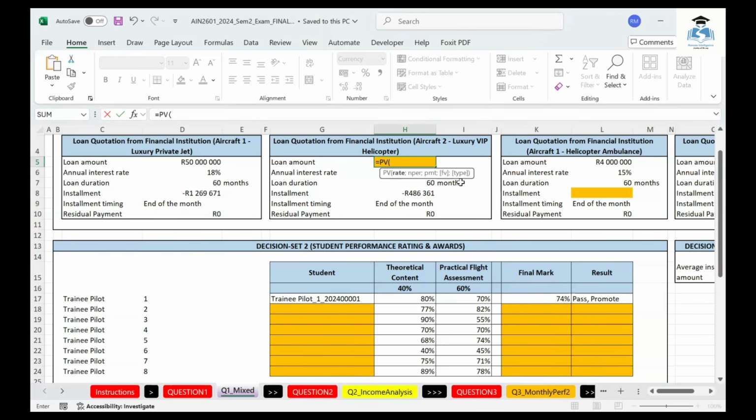So equals PV, then H6, divided by 12. And the term is 60 months. Then payment is H8, the installment.